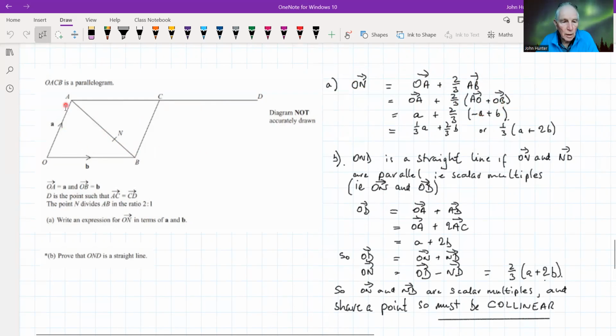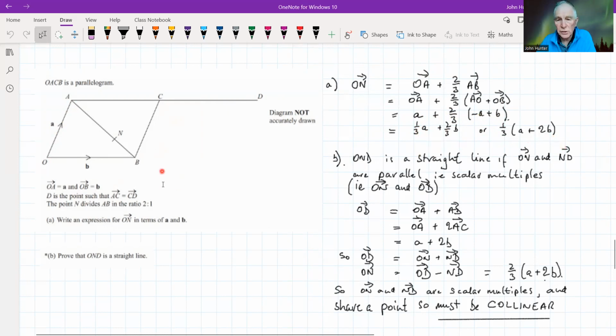And AO is the negative of OA, so that will be minus A plus B. So A plus 2/3 of (minus A plus B). If we group our A's together, that's a third A plus 2/3 B, which we could write as that if we factorize out 1/3.